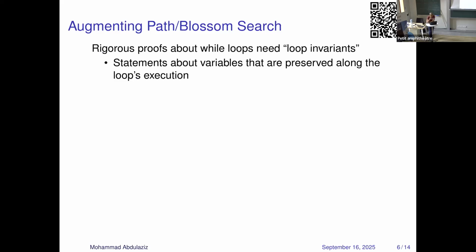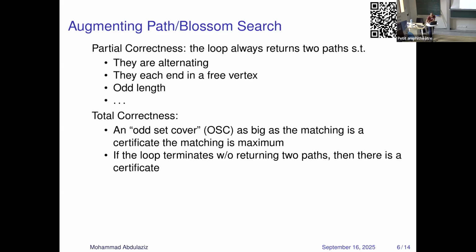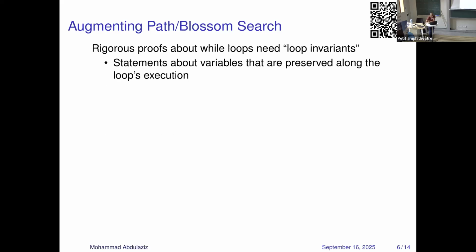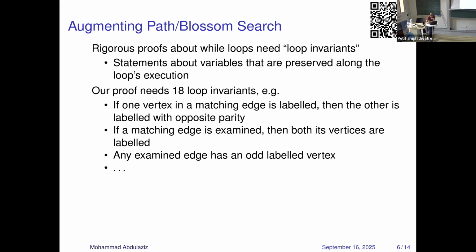Another thing you want to reason about is how you prove partial or total correctness. You do that by stating and verifying so-called loop invariants, which are basically statements about the variables in the algorithm that are preserved across the loop's execution. In the case of Edmonds' blossom algorithm, we have 18 mathematical loop invariants.